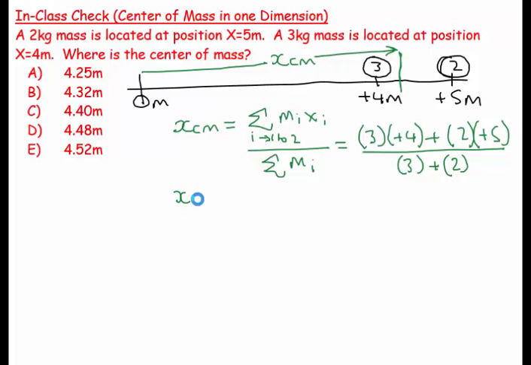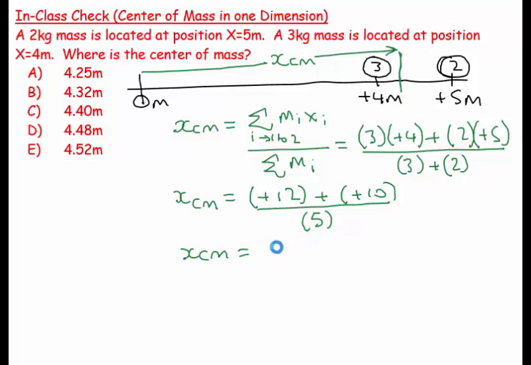So my x center of mass is equal to plus 12 added to plus 10 over 3 and 2 makes 5. So my x center of mass is equal to plus 22 over 5, which equals plus 4.4 meters.